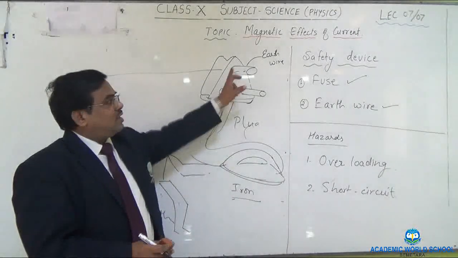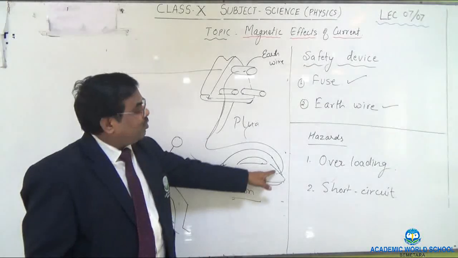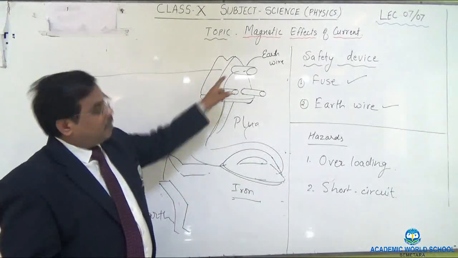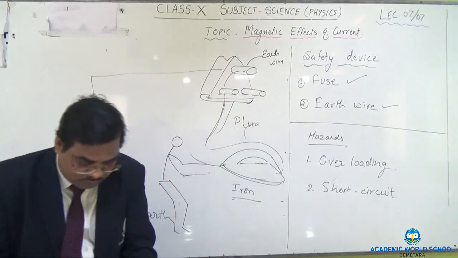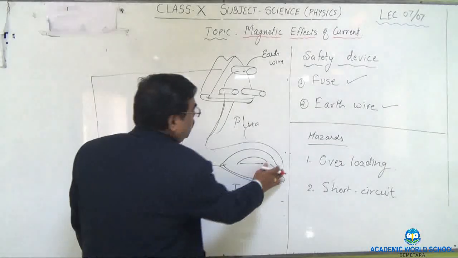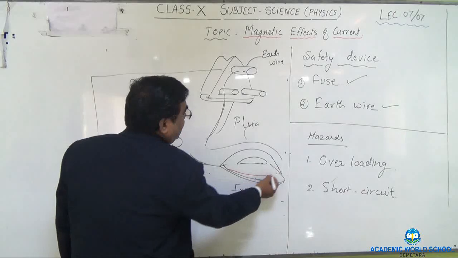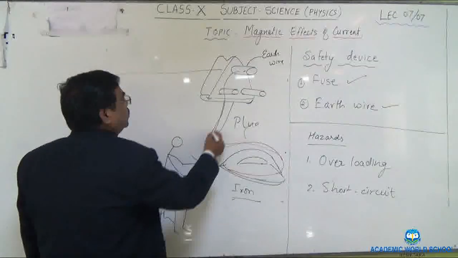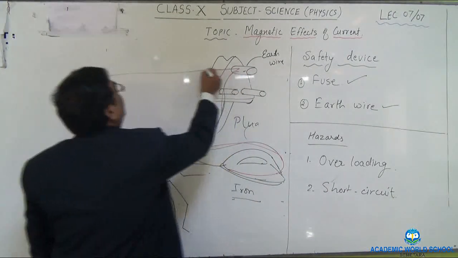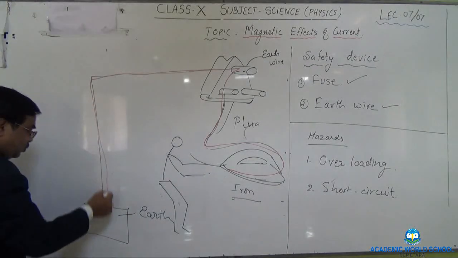But if there is an earth wire, the current will flow through this wire and it will go into the earth. Let me draw and show you the passage. Here the leakage current, red color, will go through this third wire and it will come into the earth.